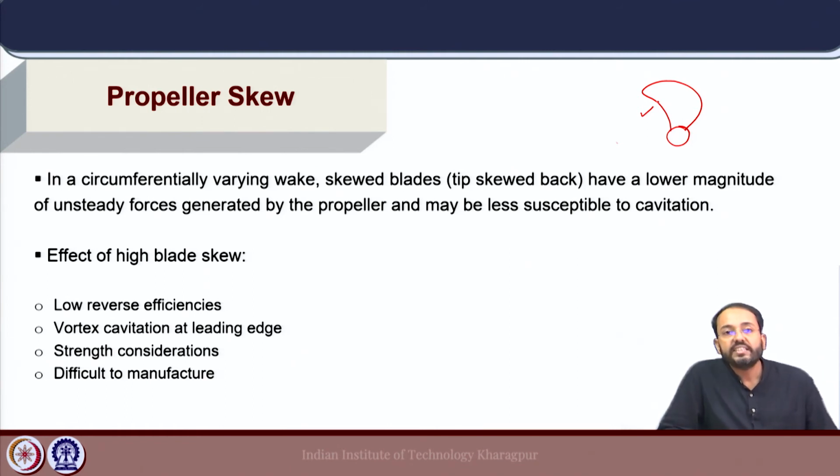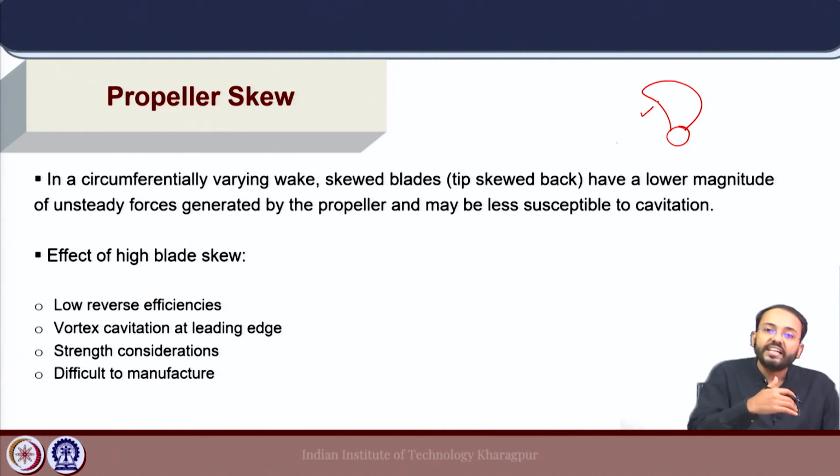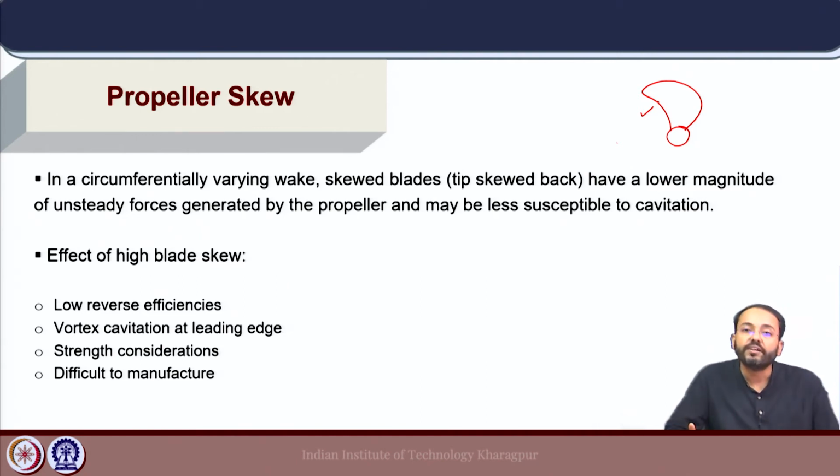The first one is low reverse efficiency. When the skew is very high, then the propeller efficiency working in a reversing condition, that means when the propeller is being rotated in the reverse direction and the leading and trailing edges are reversed, then a highly skewed propeller will have very low efficiency.